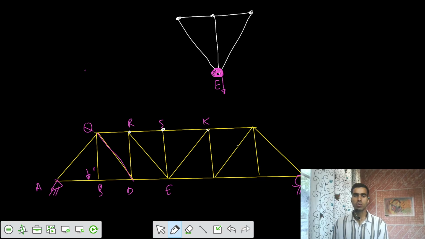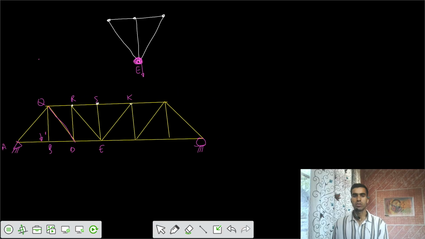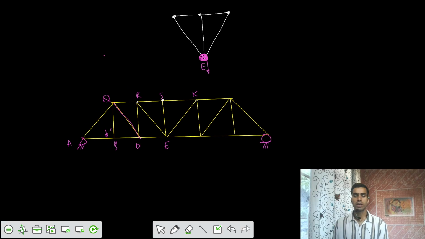If you got this critical point, then we have to see what is the equation for this one. So this is your point E. We need to cut the member SE. Let's try to cut the member SE in this way, as in the earlier case, we cut that earlier also.